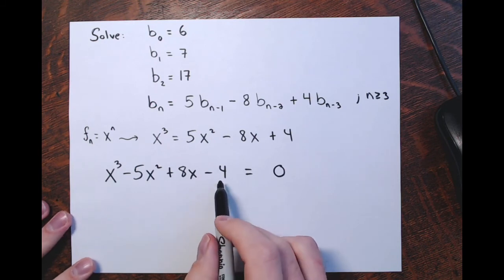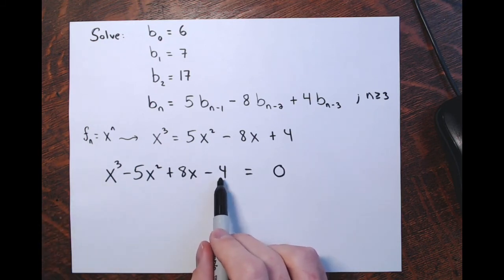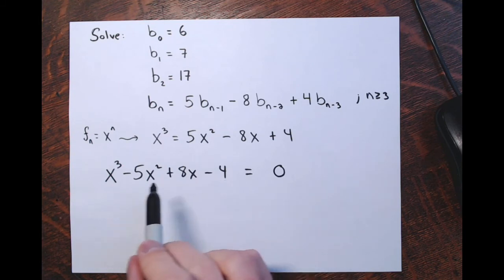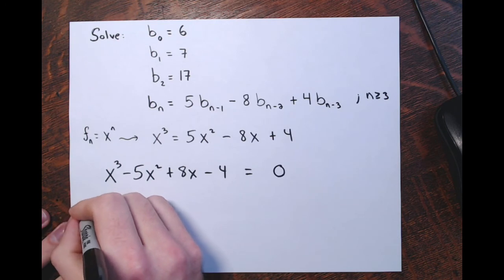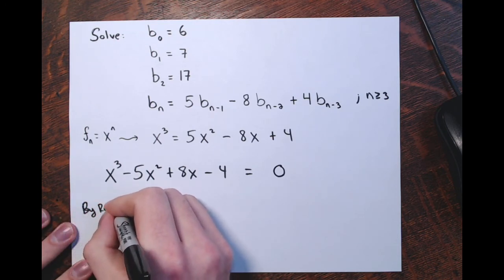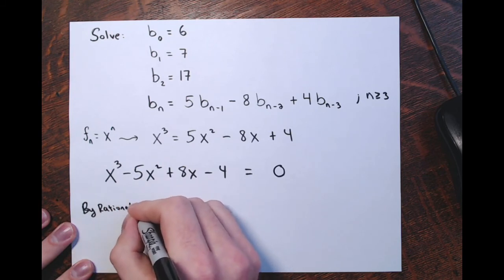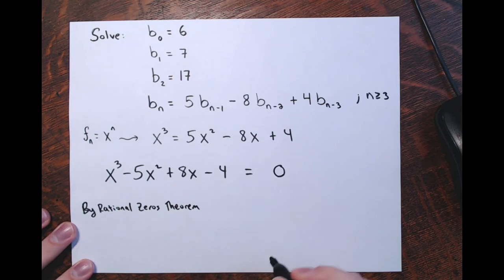Remember, if this has any rational solutions, the numerator is going to be some factor of -4, and the denominator is going to be 1 basically. So I'm going to check, by the rational zeros theorem, or rational root theorem, and this is going back to like pre-calc 1.